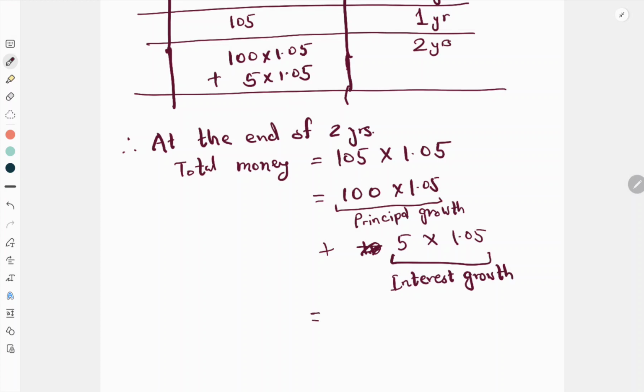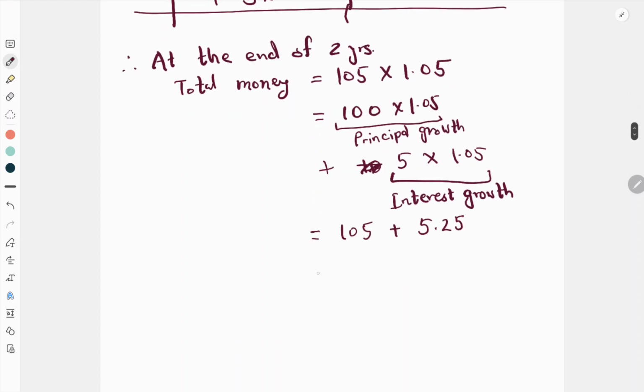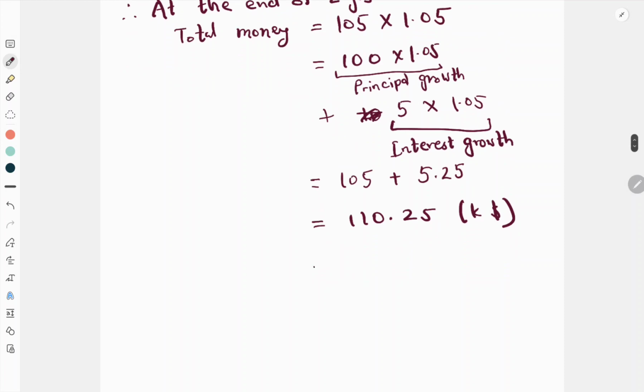Which happens to be 100 times 1.05 is 105. This is no coincidence. The number has to be 105 because that is the simple interest at the end of 1 year. Plus 5 times 1.05 is going to be 5.25, which is 110.25 K dollars. That means these many $1,000, which is 110,250 dollars.